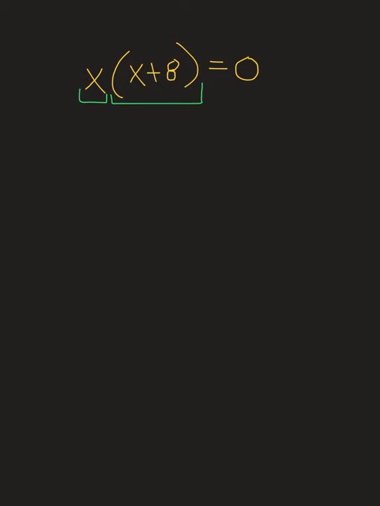If I plug in any number for x, both of those are going to have a value. If either one of them has a value of 0, you're going to end up with 0 as your final result. So in these two pieces, all you have to do is take each piece and say what value makes each piece 0.